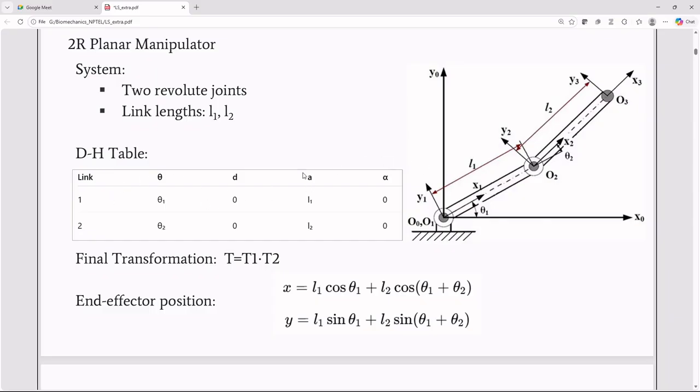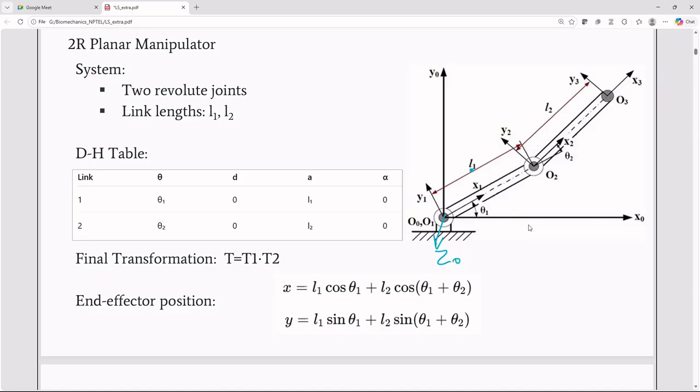So I will just quickly complete this. Here, for link 1, we consider the angle of rotation with respect to the z axis. Keep in mind that the z axis is coming out of the plane. This is the xy plane, and z will be pointing towards us, outside the plane.